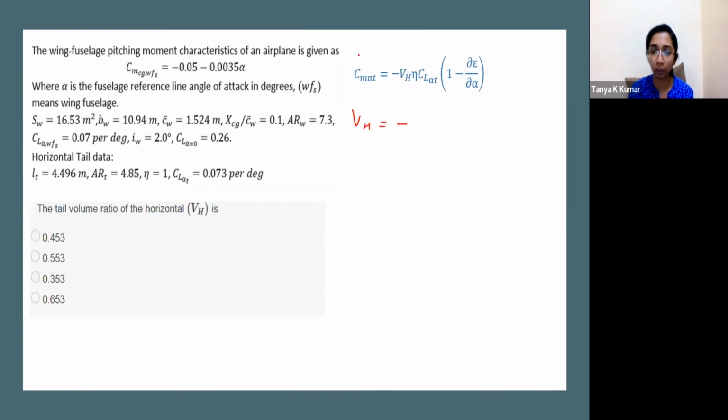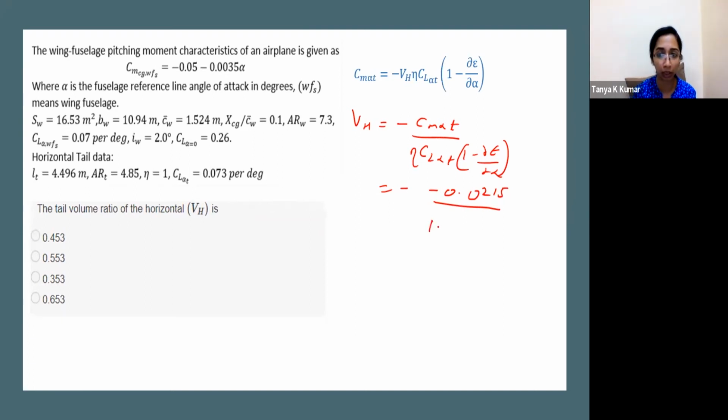Yeah, so tail volume ratio. What is the value? VH equals CM alpha tail by eta CL alpha tail times 1 minus dou epsilon by dou alpha. So what is CM alpha tail? What is the value we got? Minus 0.0215. That's the right answer, I think. Tail efficiency factor is 1.